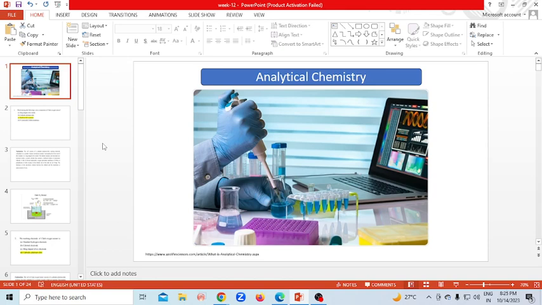Similarly, you can use volumetric analysis like titration, from which you can analyze different types of ions and molecules. If the concentration in your sample is very low, then you can use highly sophisticated instruments and spectroscopy, like atomic absorption spectroscopy and atomic emission spectroscopy. Nowadays ICP, inductively coupled plasma, is a very advanced technique.